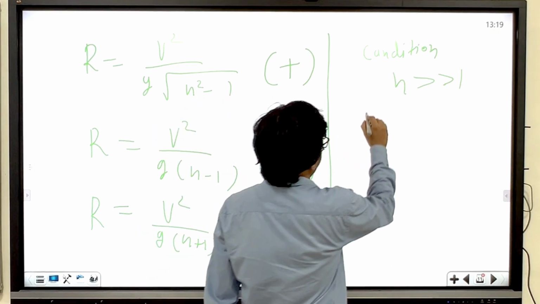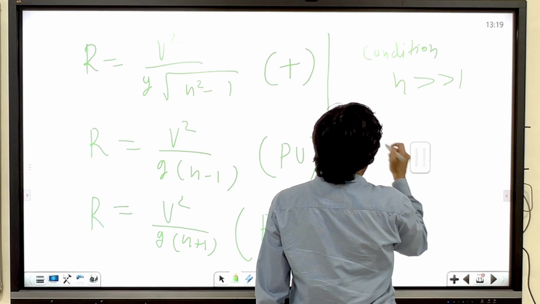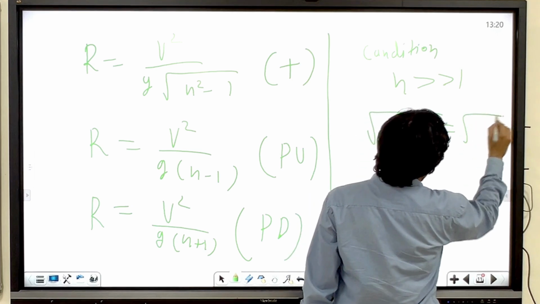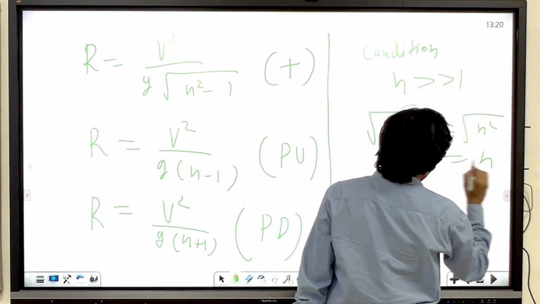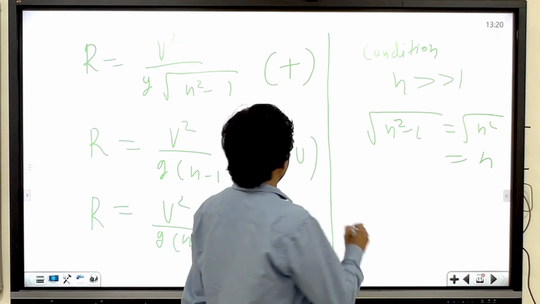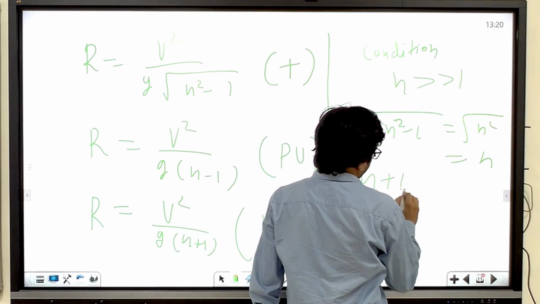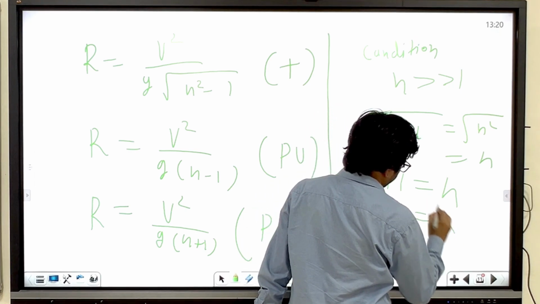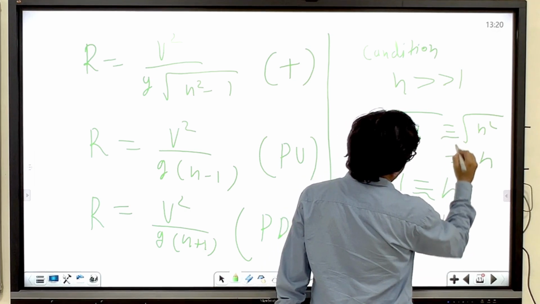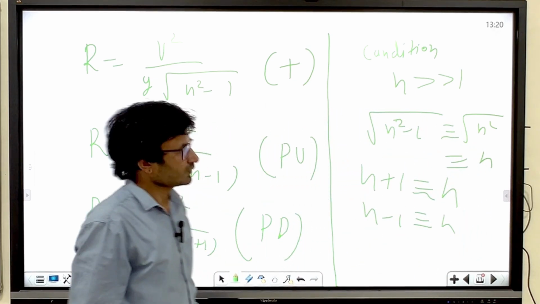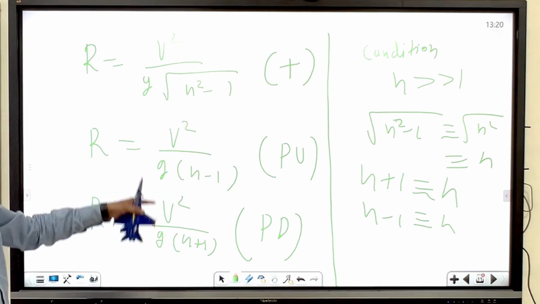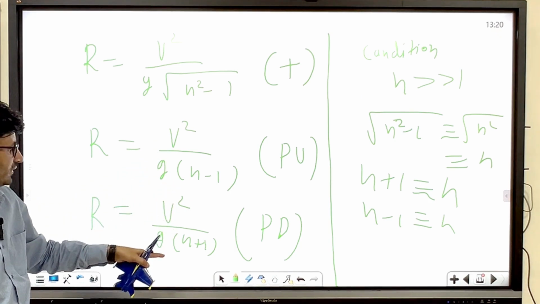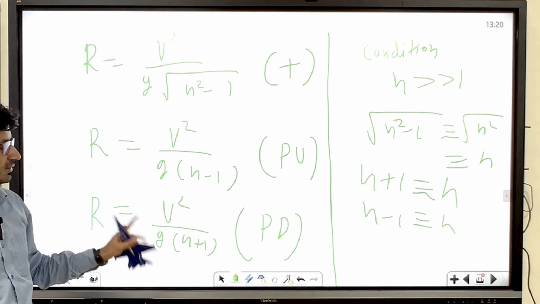So you can take n plus root of n square minus 1 as, under root n square, so you can consider it as n, and n plus 1 you can consider as n, and n minus 1 also n approximately. So in all three cases you put root of n square minus 1 as n, n plus 1 as n, n minus 1 as n.